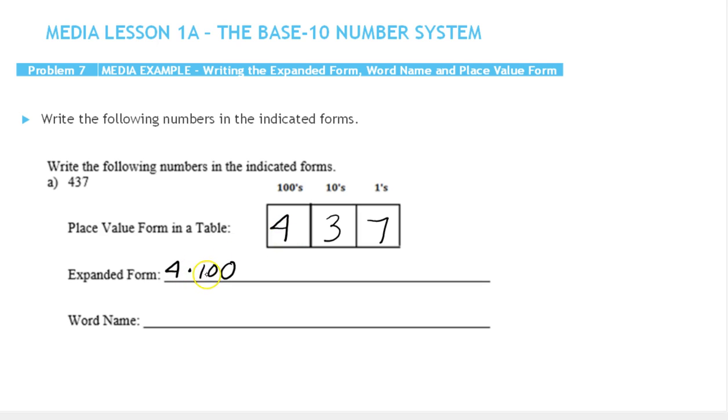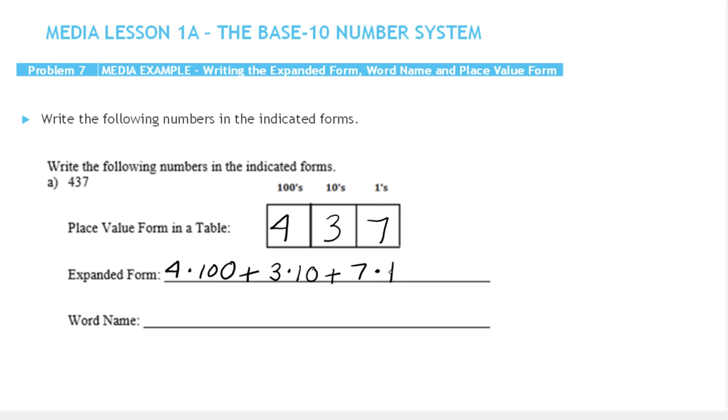You had the 4 hundreds represented by flats. Then we combine this. So when we think of combining, we add with 3 tens or 3 rods, which we can write as 3 times 10. And then finally we had 7 ones. So plus, combine that with 7 units.